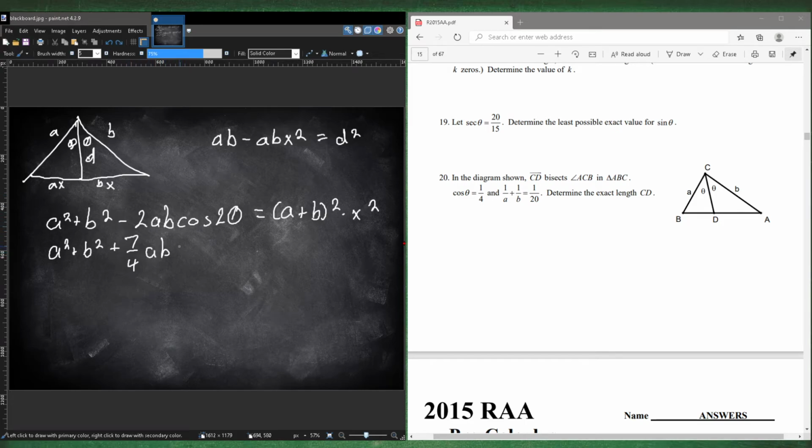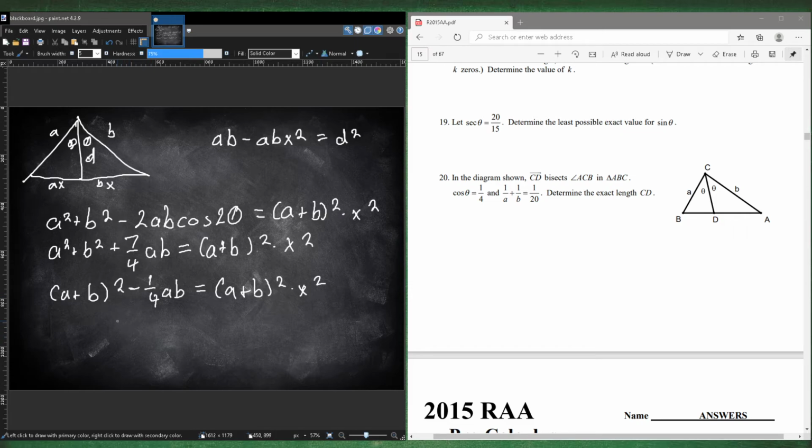There's still this ab is equal to a plus b squared times x squared. And we could rewrite this as a plus b squared, which is a squared plus b squared, which is these two terms. But we also have an extra plus 2ab. To get from 2ab to 7/4 ab, we got a minus 1/4 ab, which is equal to our a plus b squared times x squared.